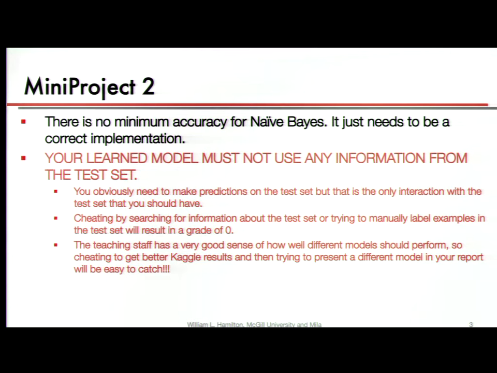And related to that, I do know that though this is a public data set, it is possible to find the labels. It's possible for you to manually label things in the test set. That is all definitely not okay. So even though you might be able to get a little bit better on Kaggle if you do some not okay things with the test set, that is definitely not worth it, because we do know how well different models should perform on this data set.